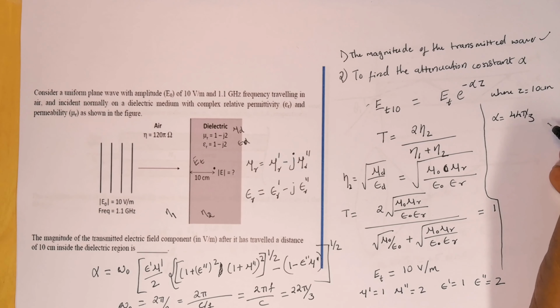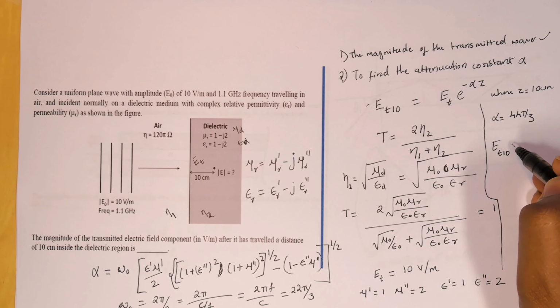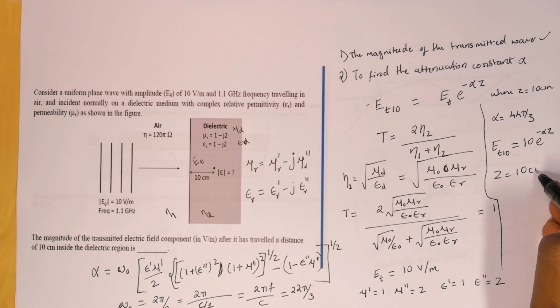Then you plug into 10 e raised to minus alpha z, with z equal to 10 centimeters, so ET10 is equal to 0.1 volt per meter.